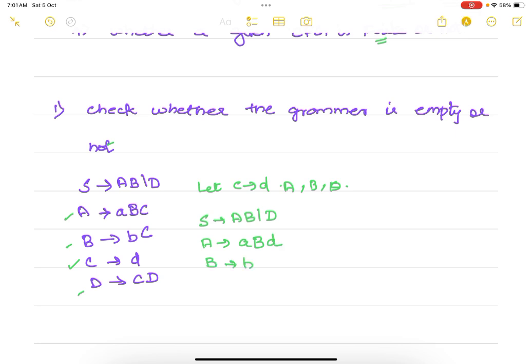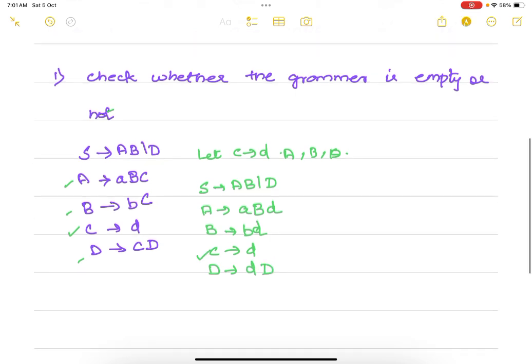Again, B is BD, C is D, and D is small d and capital D, terminal symbols. Now, by substituting C, we have arrived at terminal symbols from B.